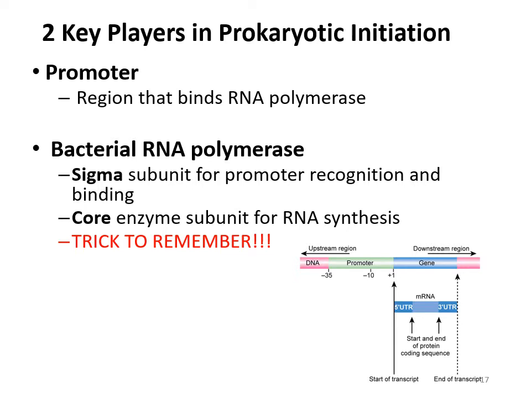Whereas the core, that's more involved with elongation. The core constructs, okay, that's how I remember it, core constructs in order to build the rest of the RNA. Okay, so sigma sees the promoter and then the core constructs, and the core constructing is more the elongation step.